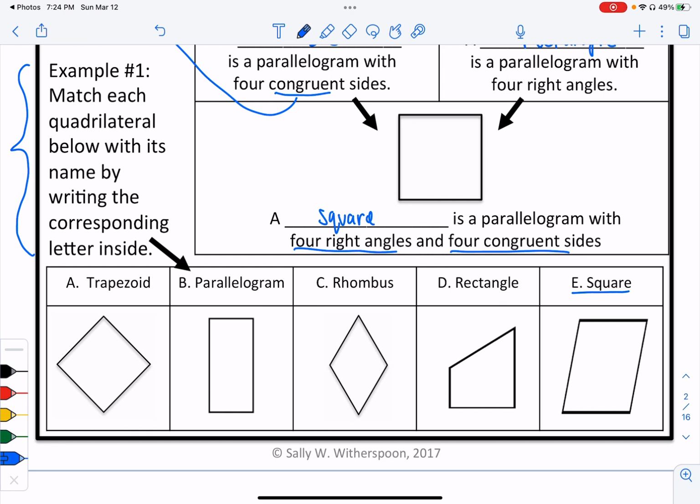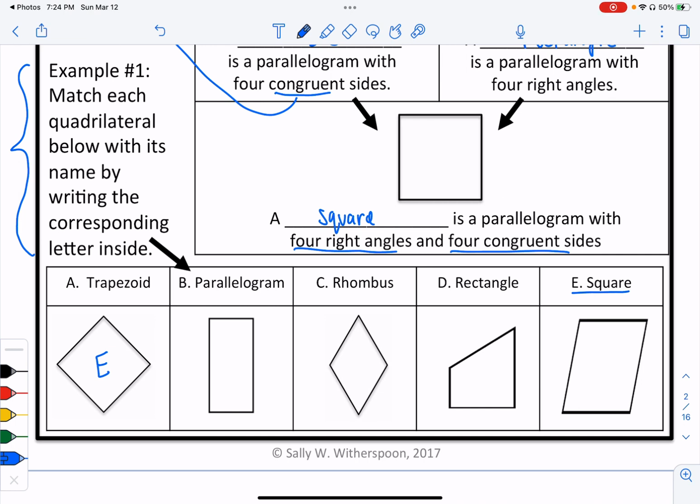So it means there are 4 right angles and 4 sides all the same length. Okay, I'm going to look at the one underneath it. The one underneath it does not have 4 right angles, so I'm not even going to look at it any further. The one underneath trapezoid has 4 right angles and it has 4 congruent sides, so that is actually going to be a square. It's going to be labeled as E.